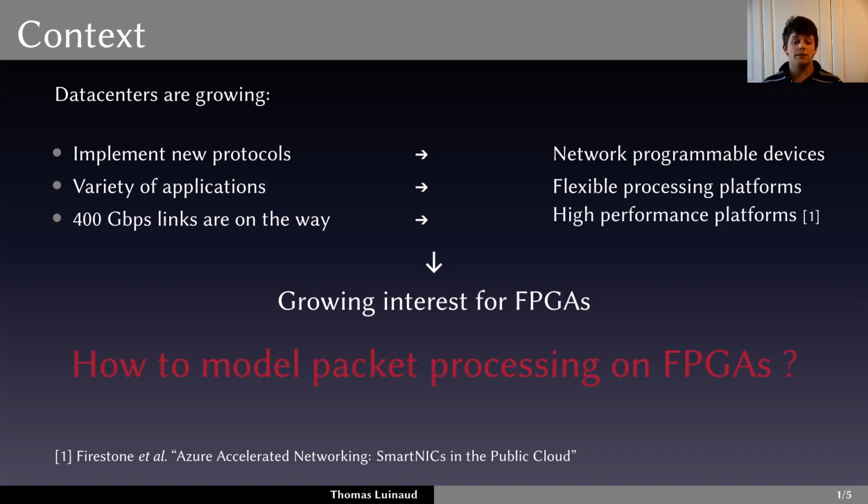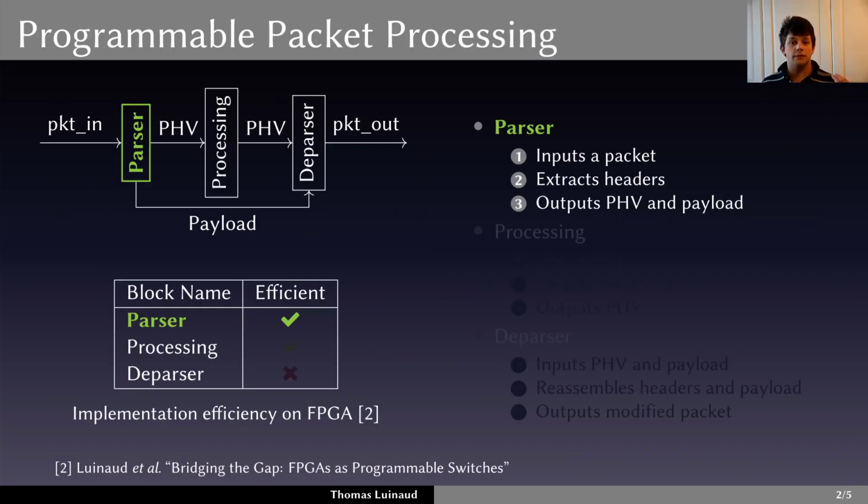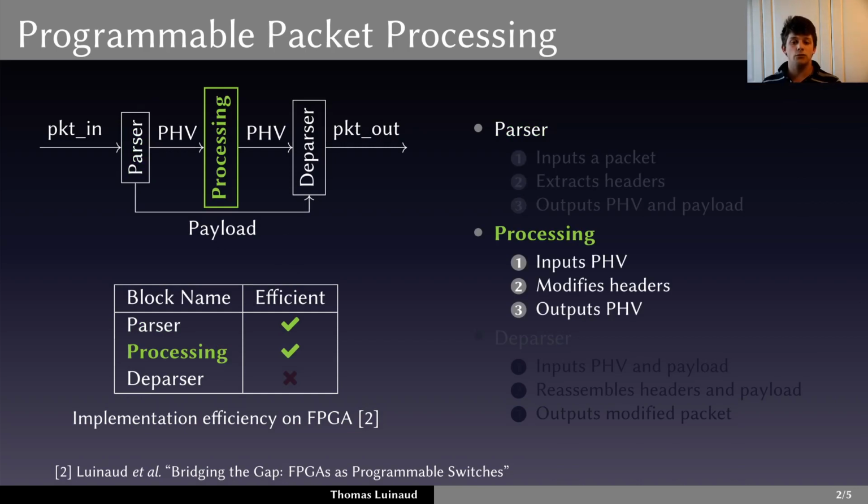The question was, how can we model packet processing on FPGAs? Well, this question is answered. We can model them by following this process. We have a parser which extracts each header of a packet. The remainder of the packet is the payload. Each header is inserted into the PHV, the packet header vector. Then the PHV is sent to the processing block.